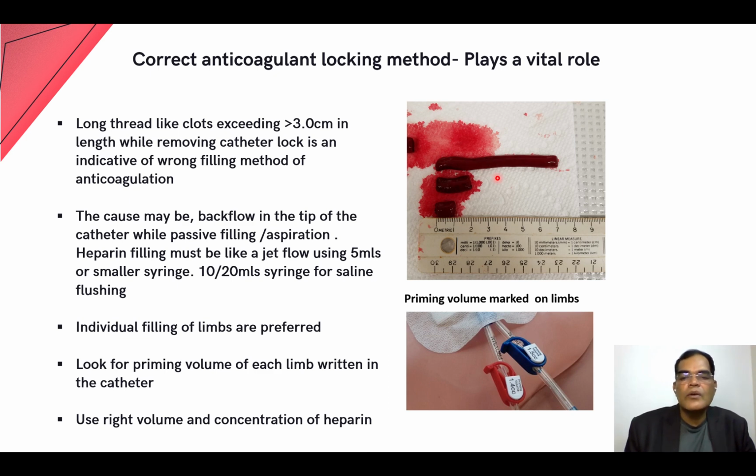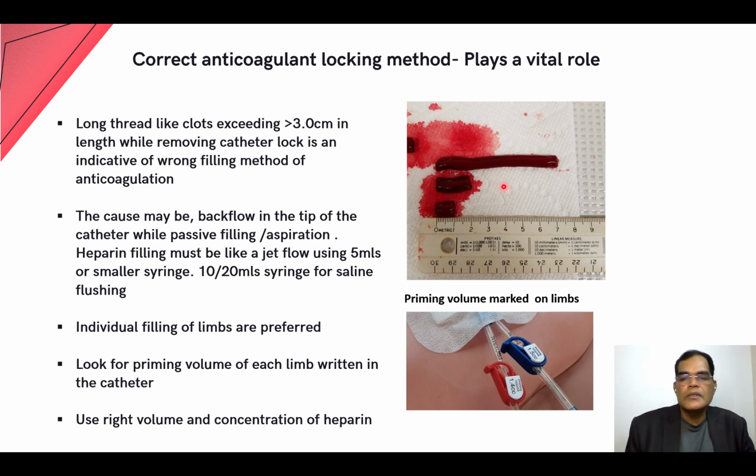If you open a catheter before dialysis and aspirate to remove the heparin or anticoagulant and the clot, and you see a clot more than 3 centimeters in length, that shows that your anticoagulant practice may be wrong, or you are using the wrong concentration of anticoagulant, or the flushing method may be wrong. So we need to be careful when you see longer clots when you aspirate the catheter. Any clot of 2 to 3 centimeters, we need to be cautious at that time itself.